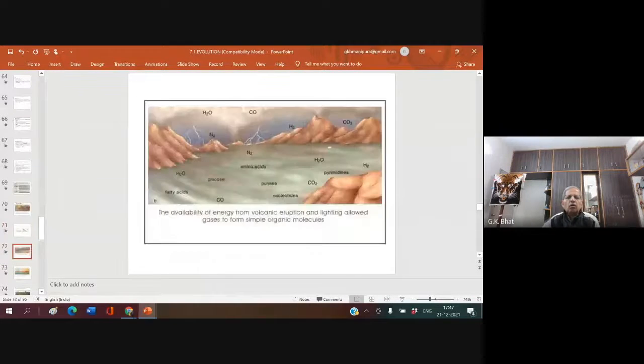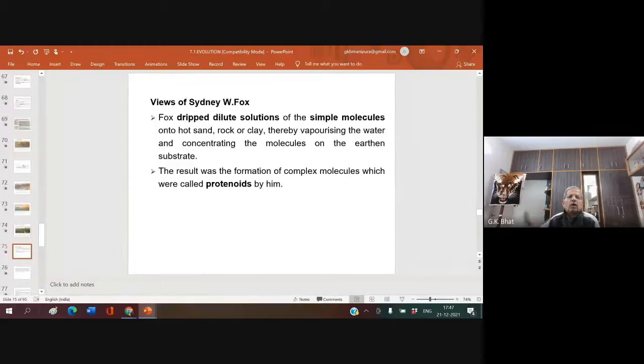Now the question is, what are the views of Sidney W. Fox? His contribution is also praiseworthy. Fox dripped dilute solutions of simple molecules onto hot sand, rock, or clay, thereby vaporizing water and concentrating the molecules on the earthen substrate.